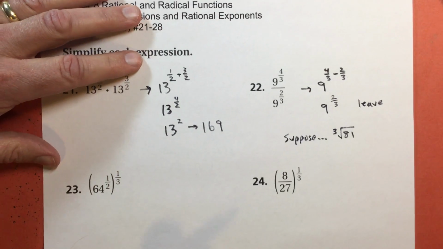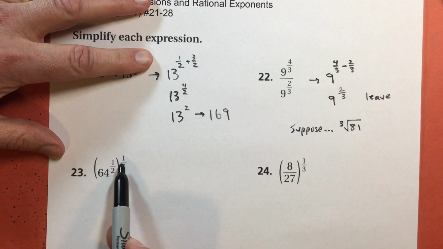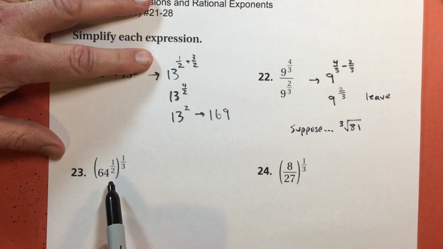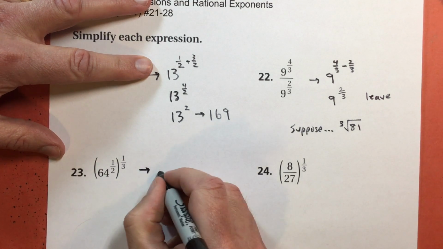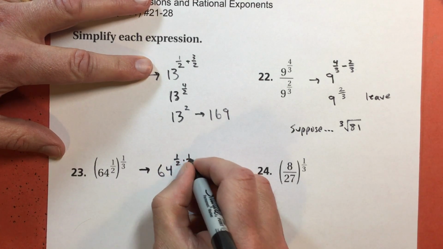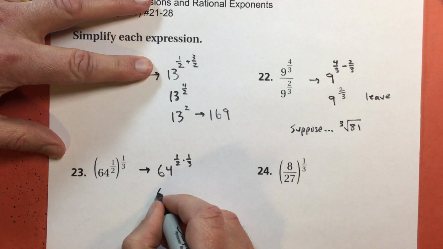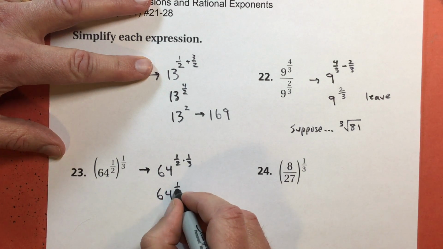For number 23, this is a power of a power, so I'm going to multiply the exponents. This becomes 64 to the 1/2 times 1/3 power. 1/2 times 1/3 is 1/6.